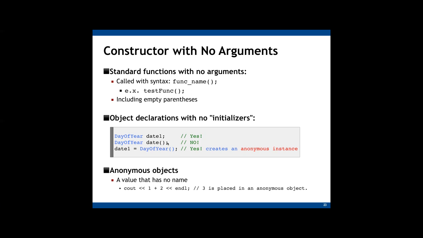So this is a little bit strange, because normally we put the empty brackets if we try to call functions that do not take any arguments, but just for the constructor, we do not put the empty brackets.